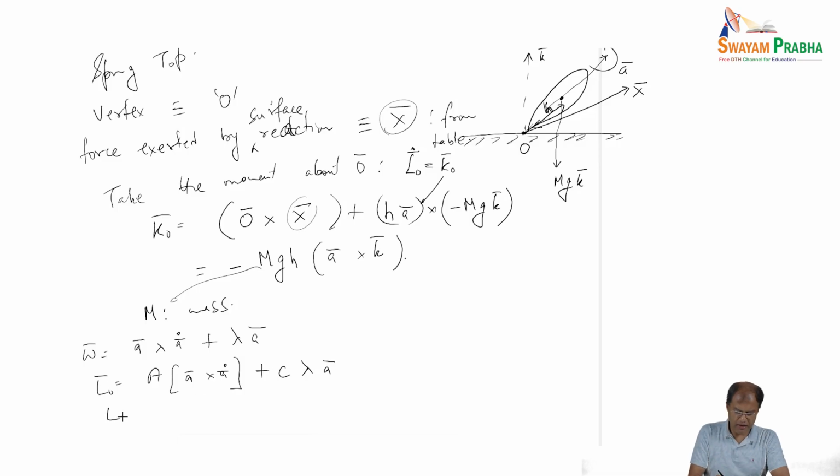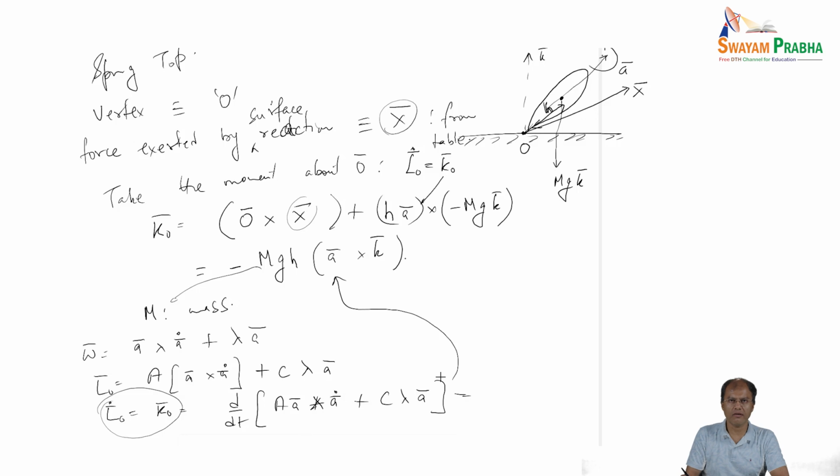So what we have is L naught dot, now we are plugging it into our angular momentum equation, or d/dt of a cross a dot plus c times lambda a. So this is equal to the torque exerted by the weight, so this is equal to minus mgh a cross k.